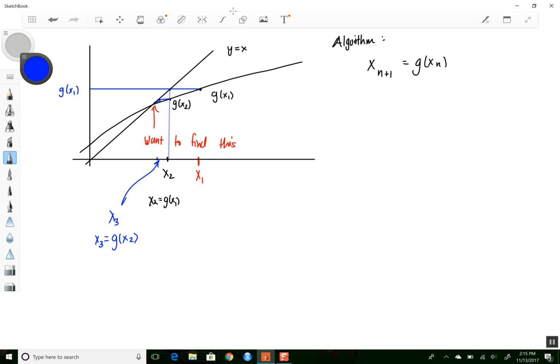So the code here is very, very easy to write. Basically, you just run some kind of loop. So here's some pseudocode. We can write a function and we'll call this fixed point.